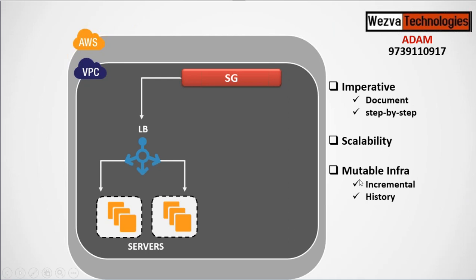Those kinds of infrastructure where you will not be able to track a history, and the same infrastructure is going to get modified again and again and again, is what we generally call mutable infra.